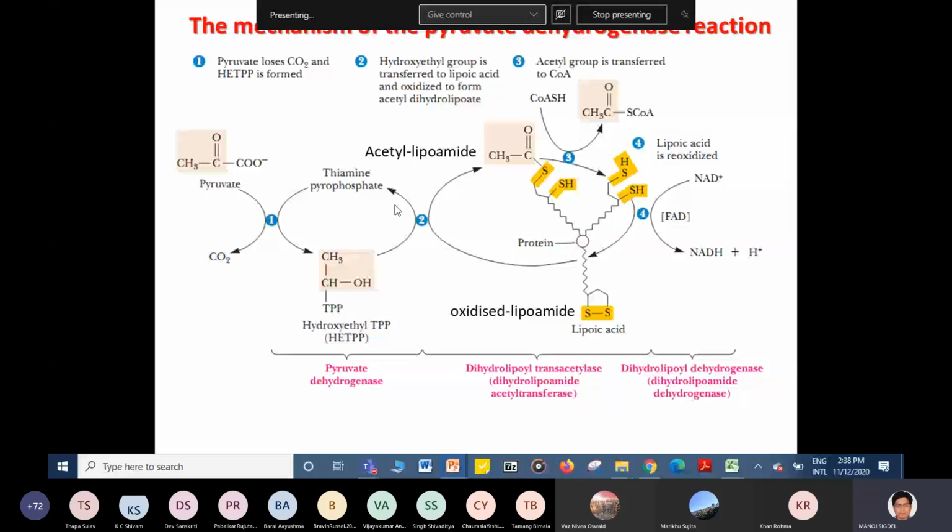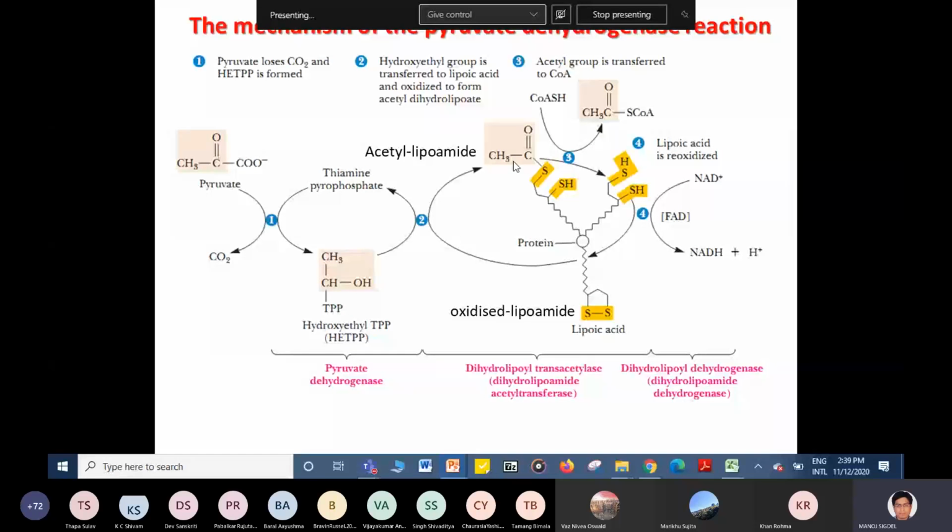Now this oxidized lipoamide will form acetyl lipoamide, because the acetyl group will be gained by it, and the enzyme name is dihydrolipoyl transacetylase. This is the second enzyme activity. Now there is the formation of acetyl lipoamide.